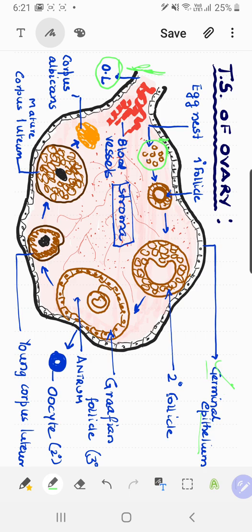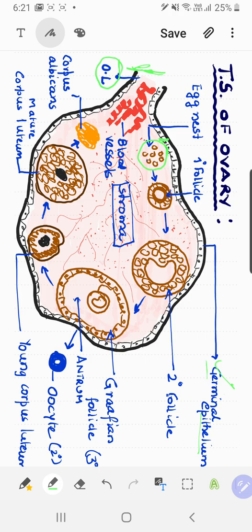At that moment only, all the cells which the girl is going to have as egg cells in her reproductive lifetime, they just proliferate out together. And later on, after birth, there is no follicular proliferation occurring.